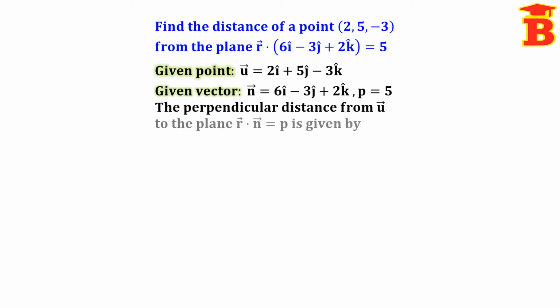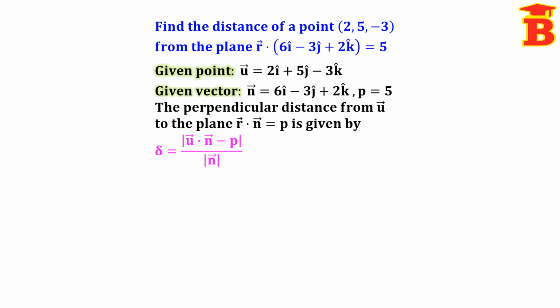Now the perpendicular distance from u vector to the plane r vector dot n vector equal to p is given by delta equal to modulus of u vector dot n vector minus p, divided by modulus of n vector. So here note that u vector is the given point and n vector is the given vector.